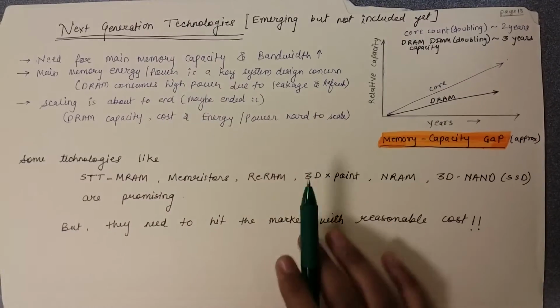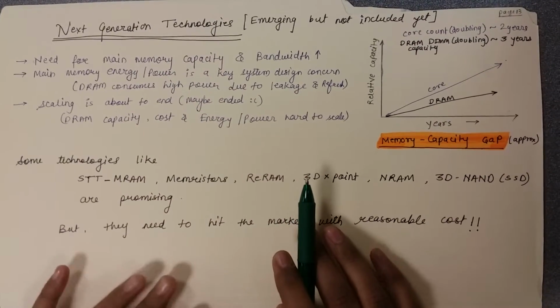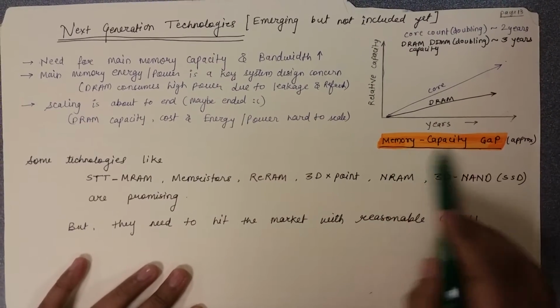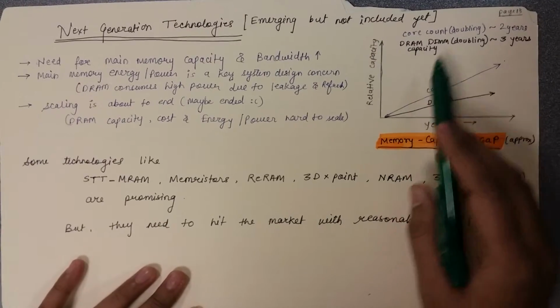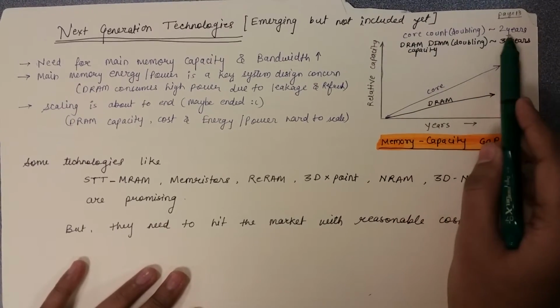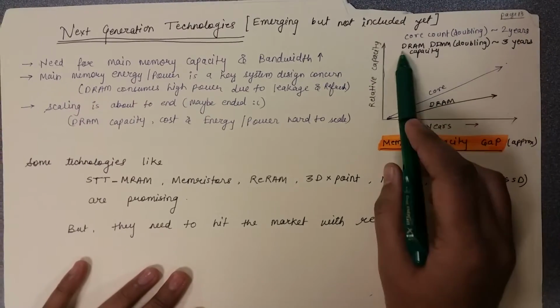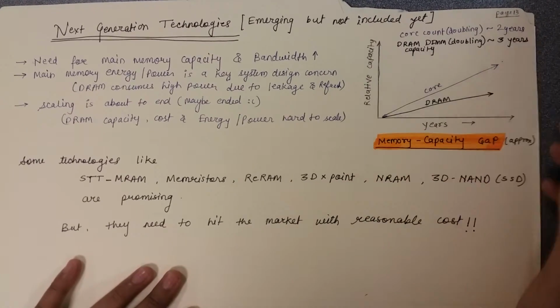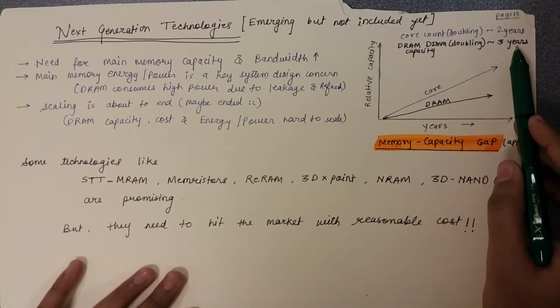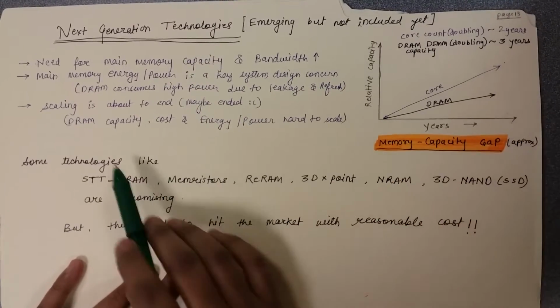They are emerging, but they are not included yet into the hierarchy. First of all, I would like to explain this graph. Herein you can see that the core count in a multiprocessor system is doubling every 2 years, while the DRAM capacity is doubling in say 3 years, which is not a good thing.